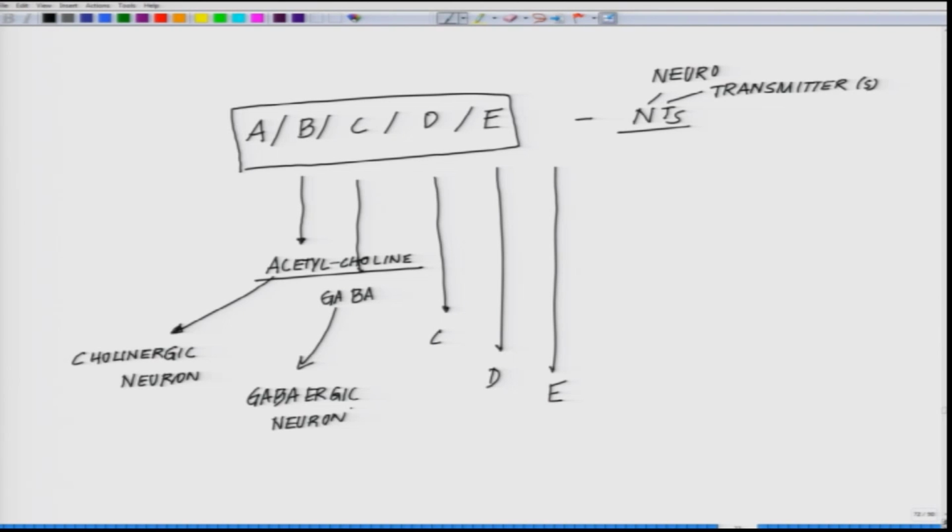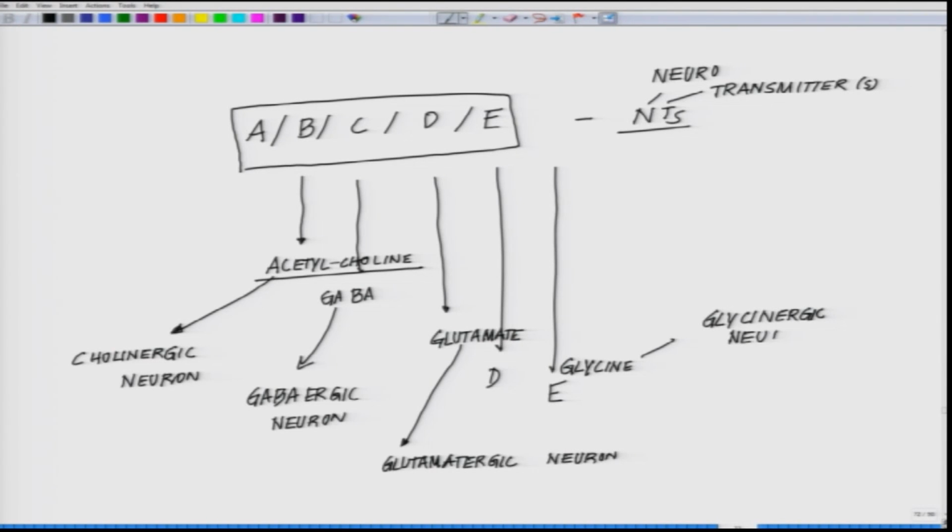Similarly, say for example, a neuron produces glutamate, then this is called a glutamatergic neuron. Suppose a neuron produces glycine, then this is called a glycinergic neuron.